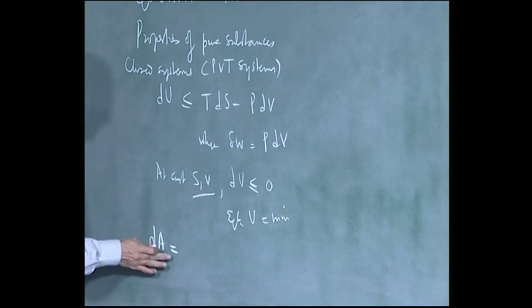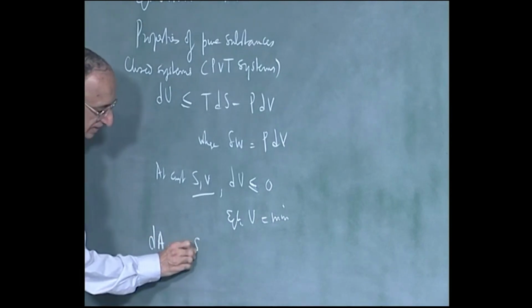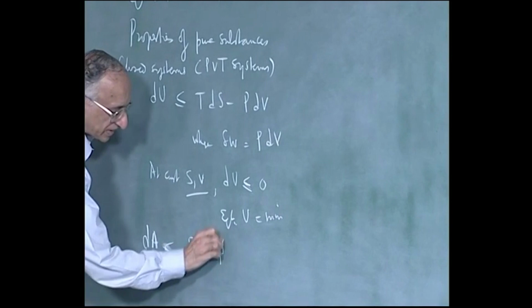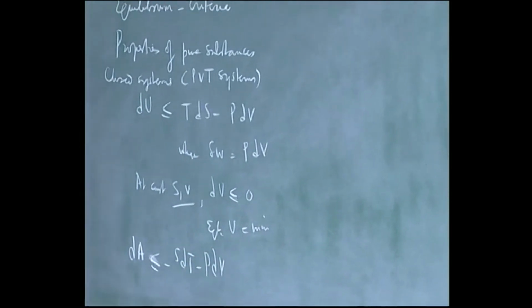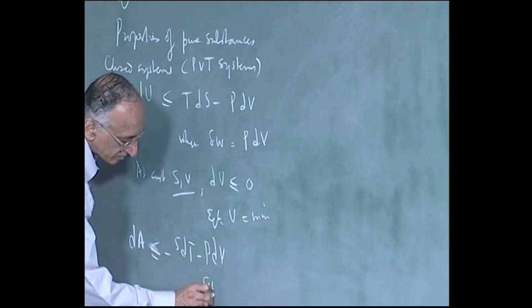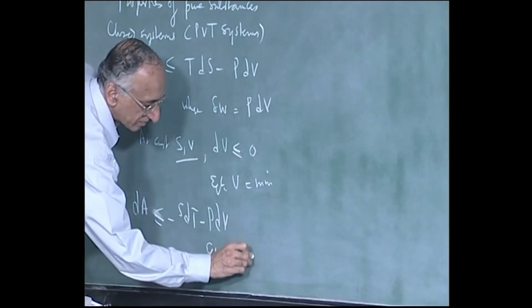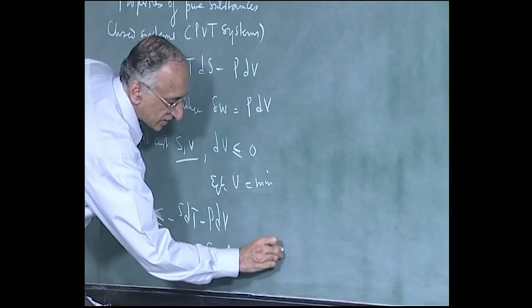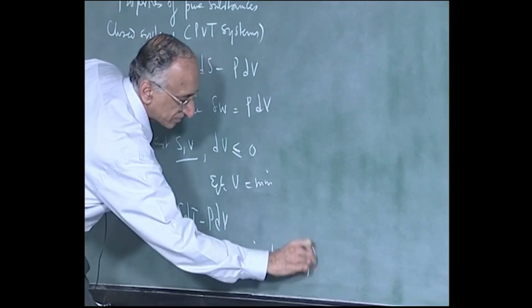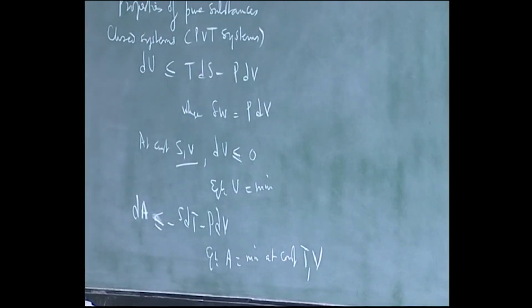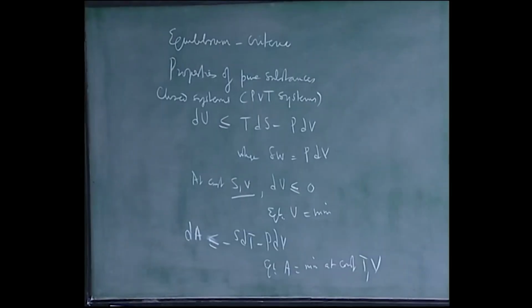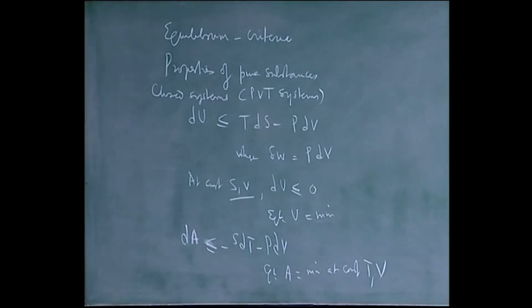So you will get dA is less than or equal to minus SdT minus PdV, and consequently you get the result that A is equal to minimum at constant T and V, which is obviously a much more useful criterion of equilibrium, because in most chemistry experiments you will be working at constant temperature in the laboratory and at constant volume.